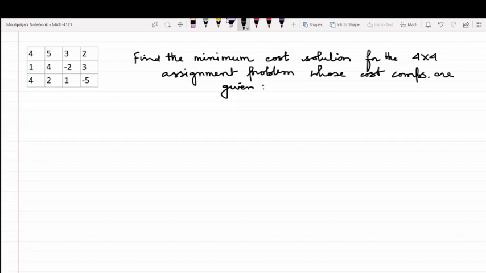So the first thing that we need to do is make all the cost components positive. How? By adding the minimum negative number that is present. Once we add 5 to all the cells, all the cost components become positive.